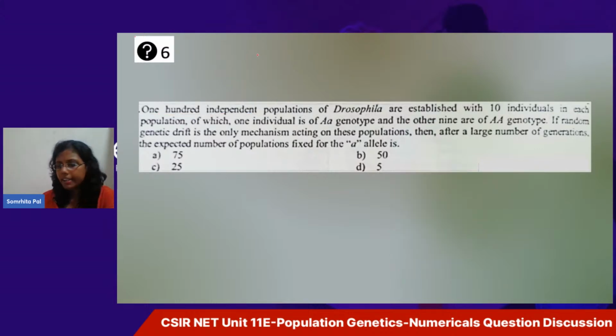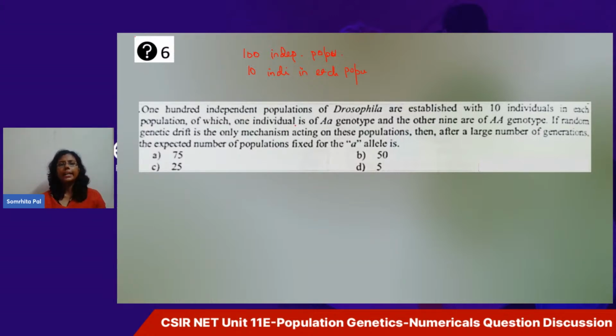So let me jot down the data. 100 independent populations, 10 individuals in each population. This is the information I got.